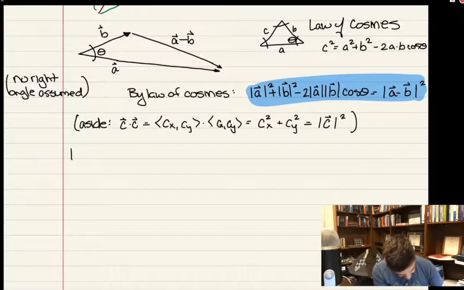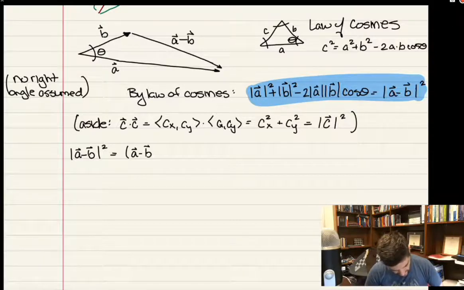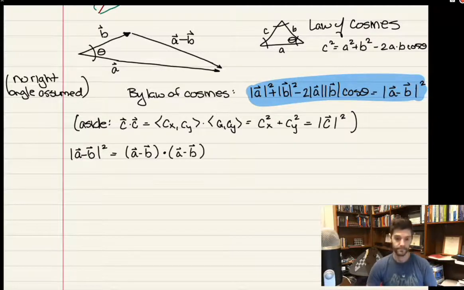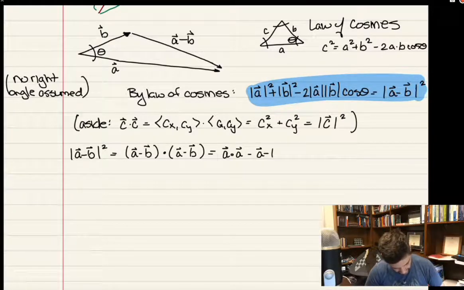So now if I look at, say, the magnitude of a minus b squared, and use the relationship I just wrote down, that is the same thing as the vector a minus b dotted with itself. We've convinced ourselves above, or you've taken for granted, or trusted me, that the dot product distributes, so I could do FOIL or whatever you want to call it.